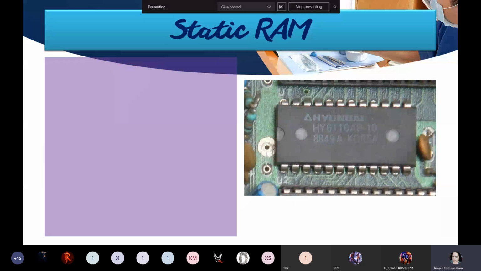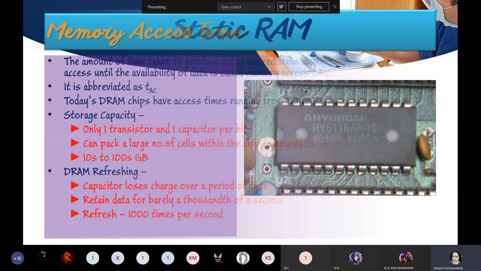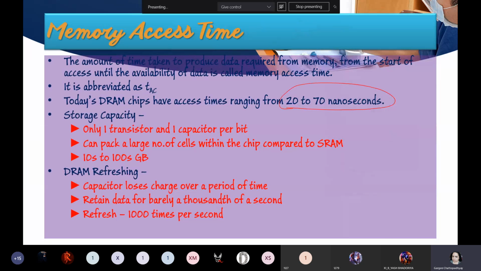Next is the static RAM. It is costlier as compared to dynamic RAM because it is even better. It stores the charge even without being refreshed, doesn't need any special regenerator circuits. Special regenerator circuit is needed for refreshing your RAM. We are not going to study about what regenerator circuit is used. Please note this down.